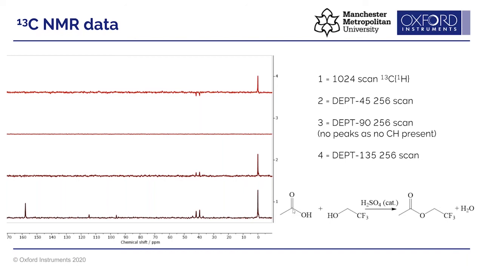If I just go through the spectra now with you, the quaternary peak is here at about 160 ppm. We've then got the carbon with the three fluorines attached to it, of the 2,2,2-trifluoroethanol, so we can see the CF coupling here.